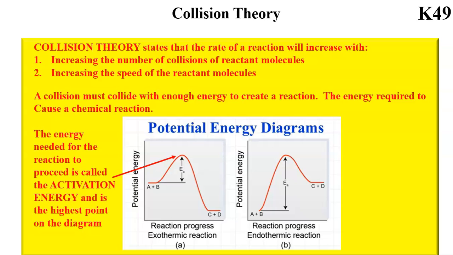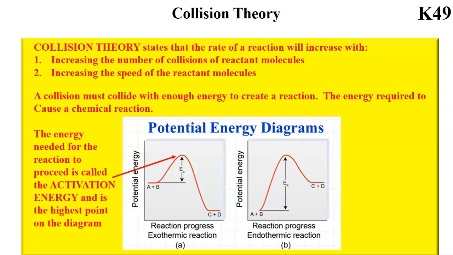Now in the first graph, the one on the left, you'll notice that it goes down a hill and ends up lower than it was at the beginning. C and D are below A and B. That's an example of an exothermic reaction because it means the reaction ended up at a lower energy state than it started, and therefore it must have released energy in order to get to that lower energy state.